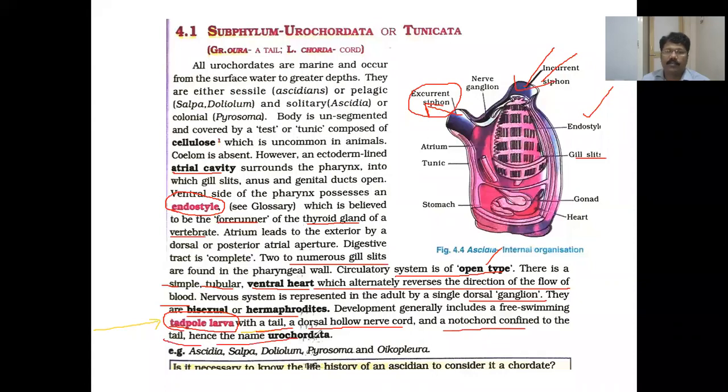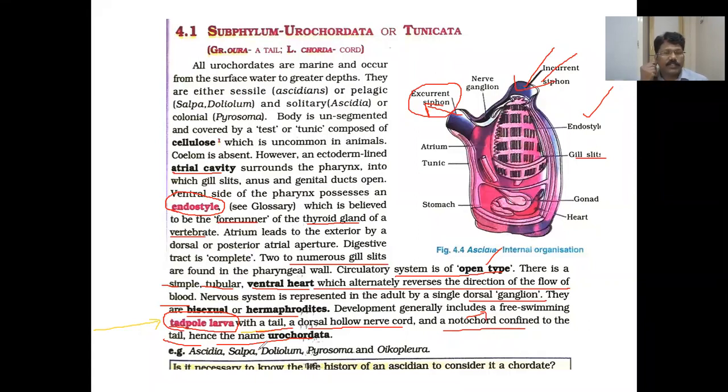Hence the name urochordates. In case of adults, this notochord is completely reduced. Hence it is known as retrogressive metamorphosis.